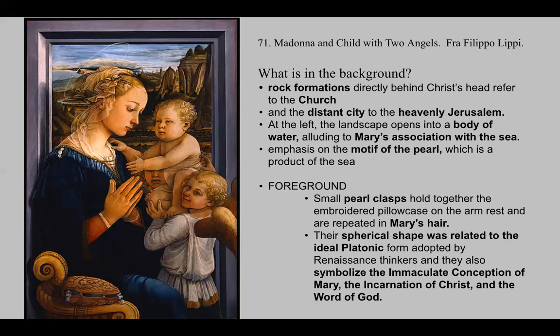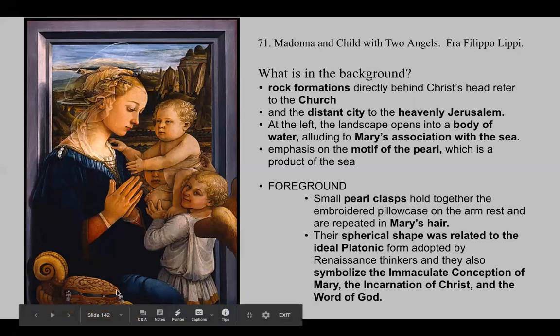There also is a body of water, and there's a river back here. That's supposed to relate to Mary's association with the sea. And then there's this emphasis on the pearl. She wears pearls. She's got pearls in her hair. There's pearls dangling from the furniture. And that's all products of the sea.